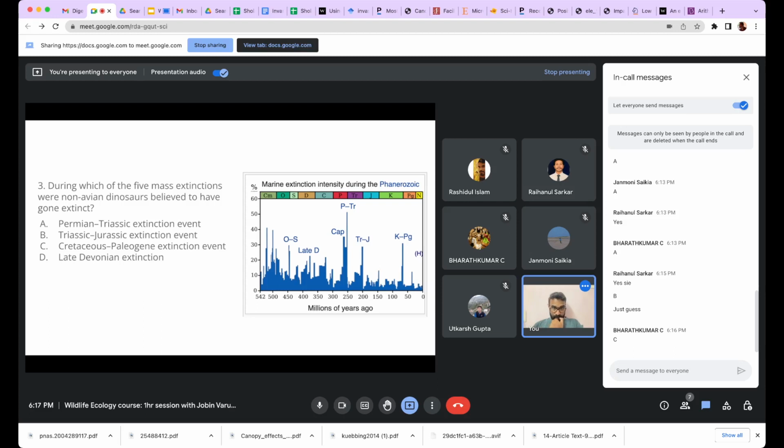Okay, I'll give you a very super clue. Dinosaurs got extinct only like 65 million years ago. Now you can look at the graph and tell me what is sitting at 65 million years back.